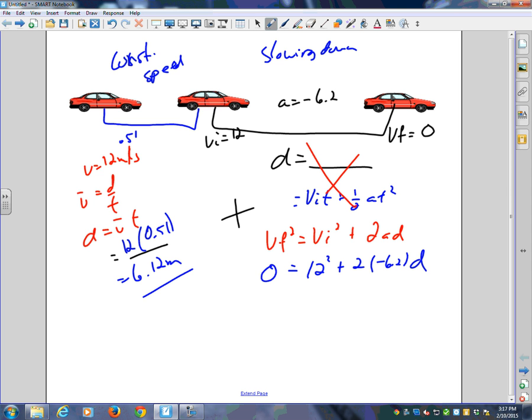Alright, kilometers and miles? Times by 0.62. There you go. The more you know.